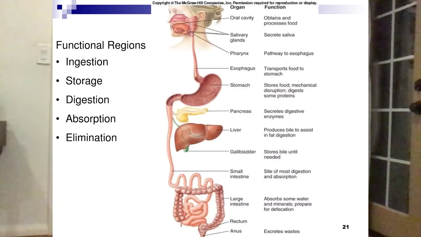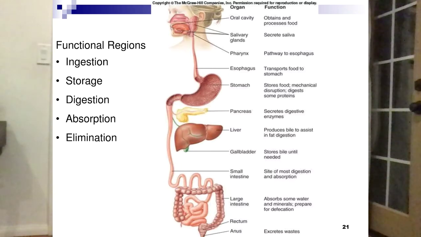But the rest of it, there's a layer of epithelial cells along the inner lining, and then of course you have the connective tissue, and then muscle to help move the material through the tract, so this is found throughout the length of it.